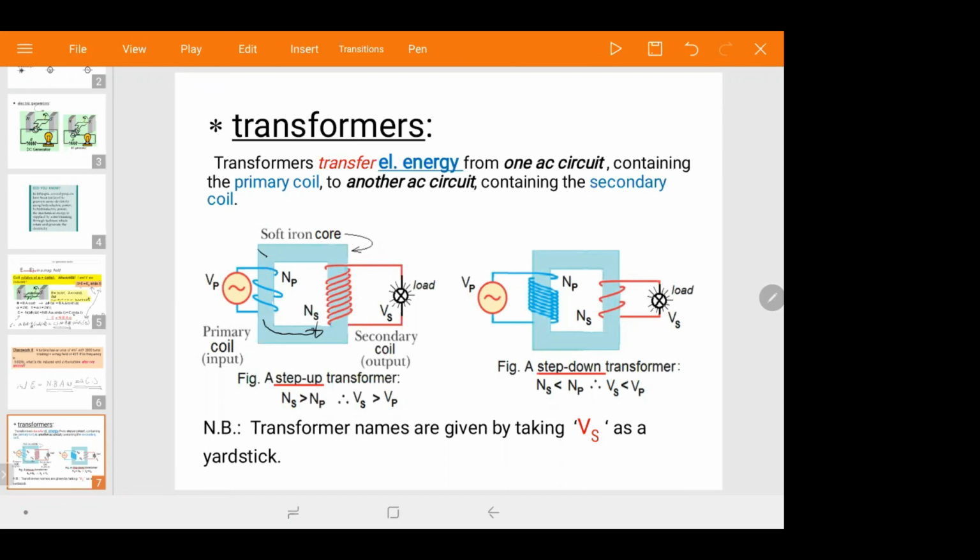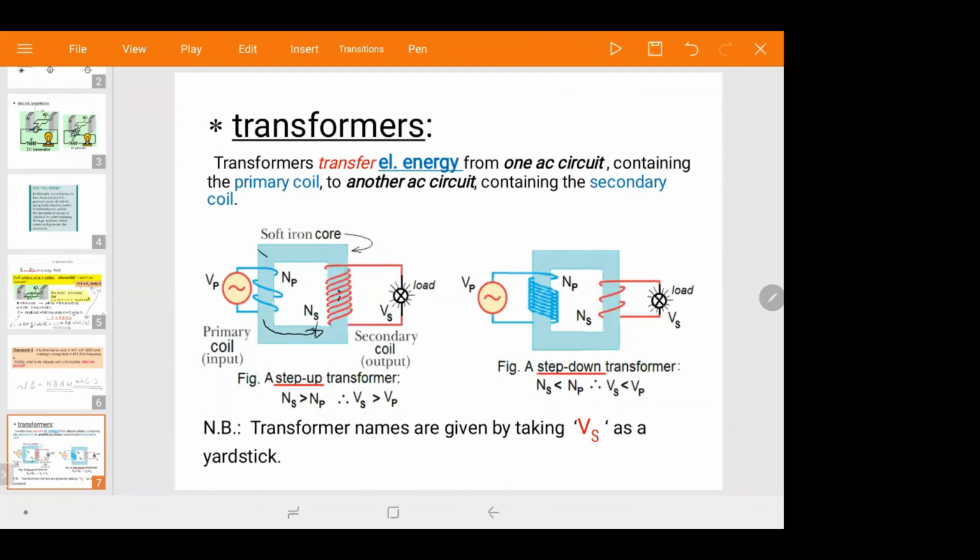Since all the magnetic field lines pass through this metal, when the flux changes, that means there's a change of flux in the coil on the right side. That's the whole point. So when there is a change of flux in the coil on the right side, voltage is induced in the coil.